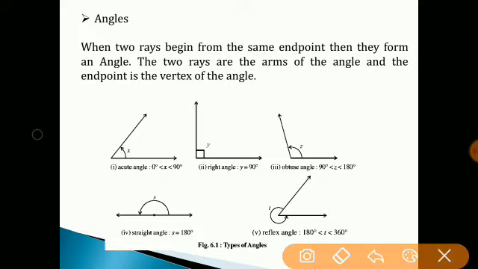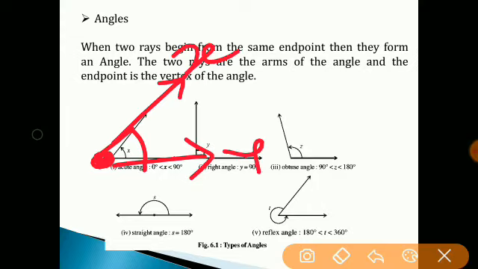Here this one and this one both are rays, and the endpoint is here. So this one is its angle. We can say that ray X and ray Y both are arms of our angle.